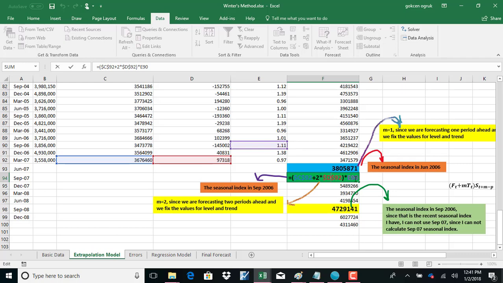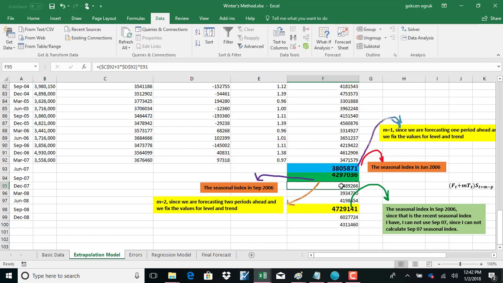Now we are forecasting for September 2007. So I'm going to use the seasonal index of September 2006, which is for the third quarter. I'm still going to use the level forecast of March 2007 and the trend forecast of March 2007, but I'm going to adjust M to 2 because now I'm forecasting two periods ahead.